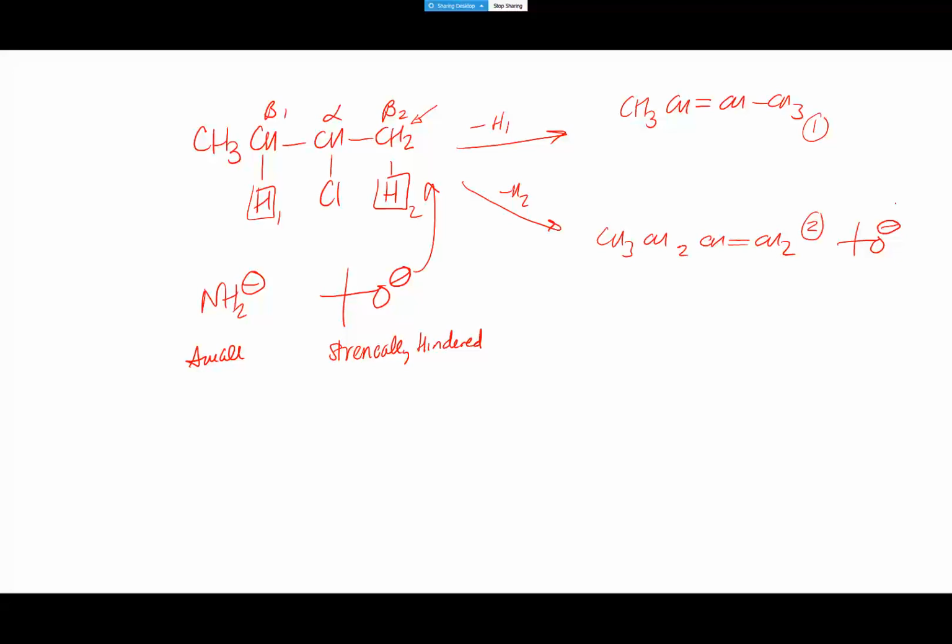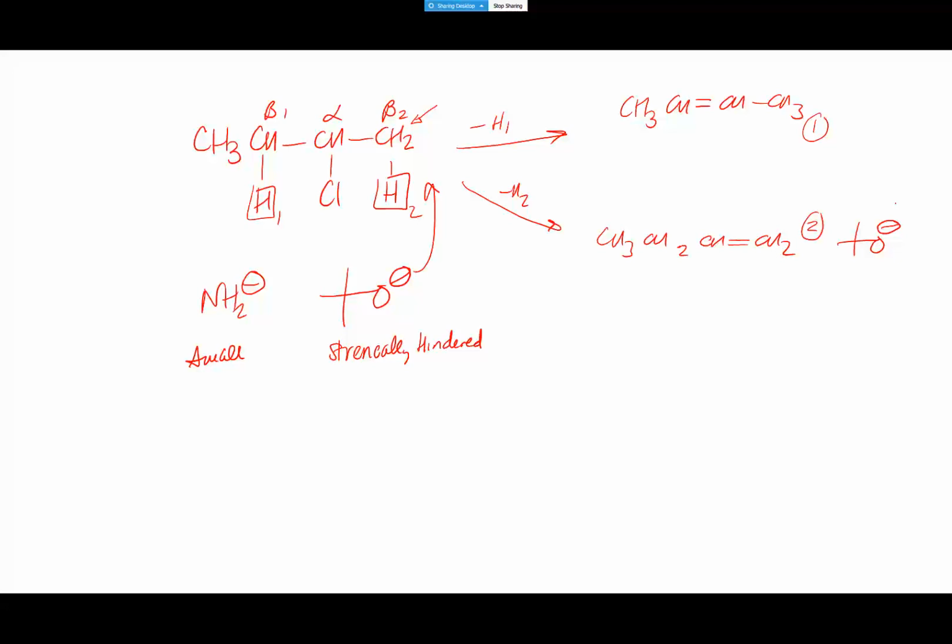Now, what's the technical reason for that? The technical reason is that the more sterically hindered the hydrogen is from the tert-butoxide, the more energy it's going to take to get that tert-butoxide close enough to grab the hydrogen.